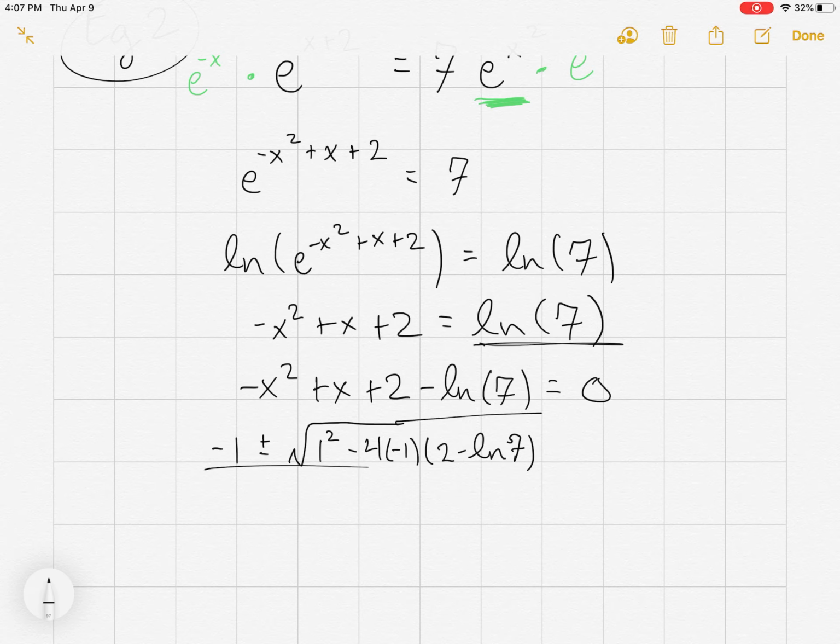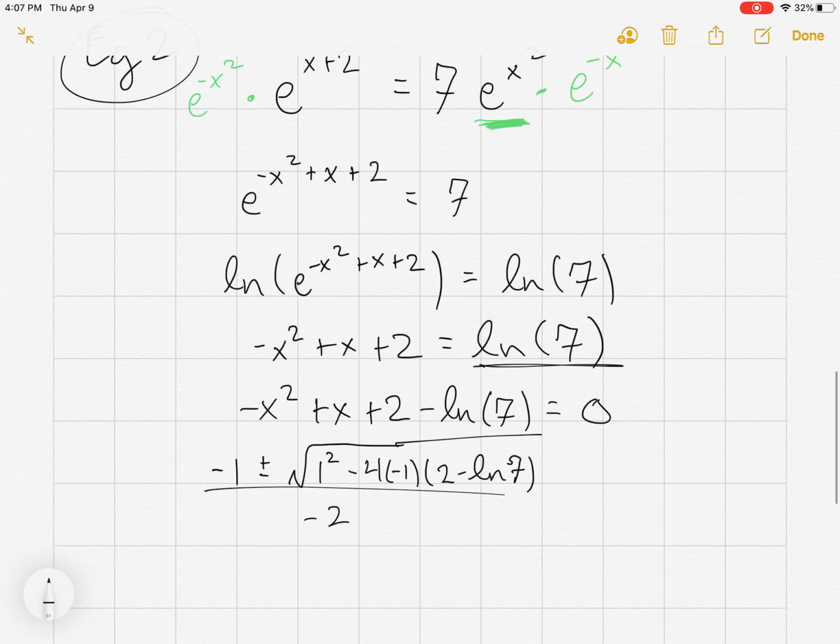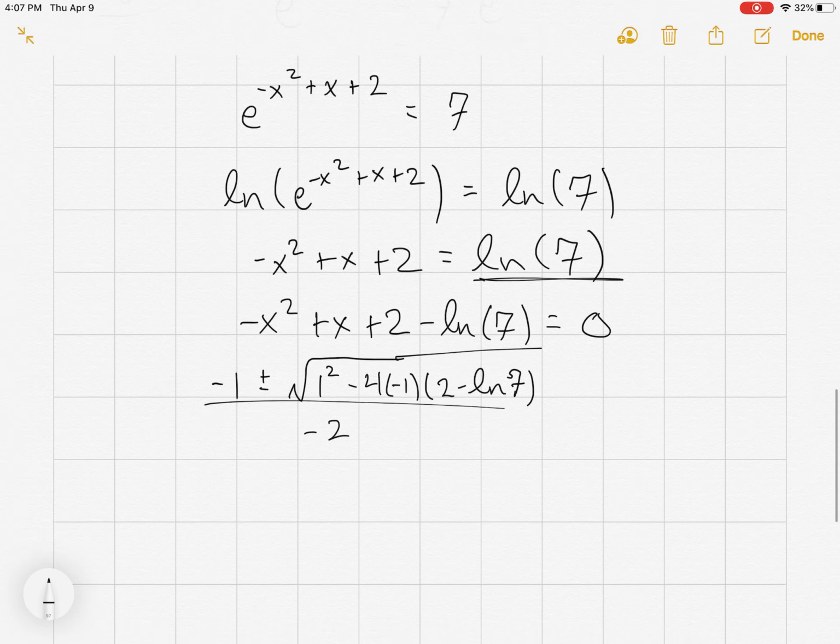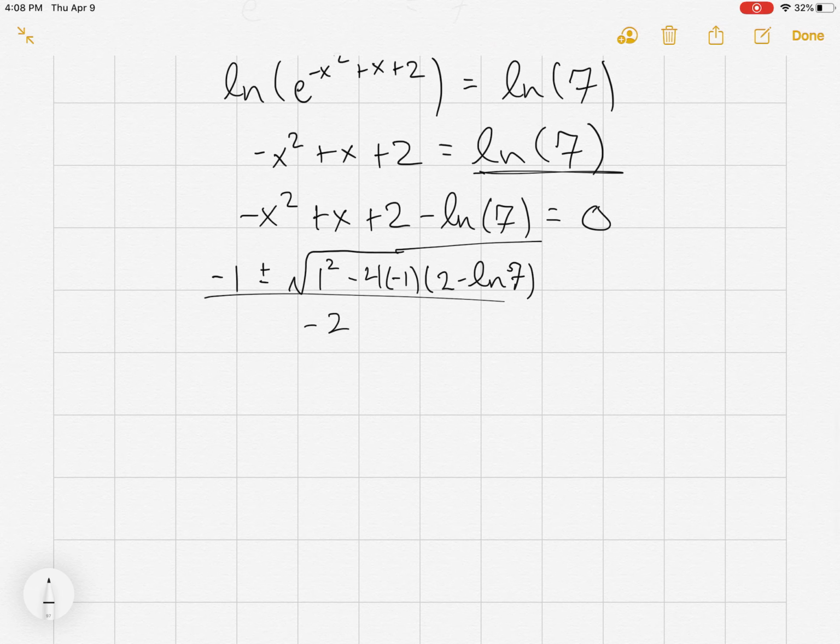And then this is all going to be over negative 2. And so we can just plug that into a calculator and find what values those will take. I'm not going to do it here, but that's the process that we're going to take.